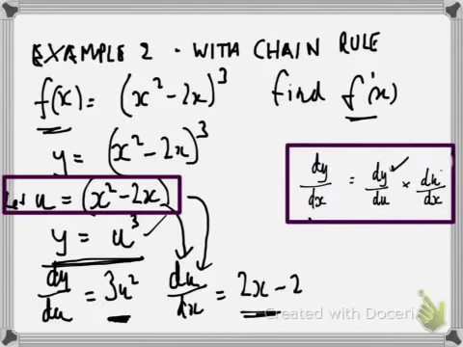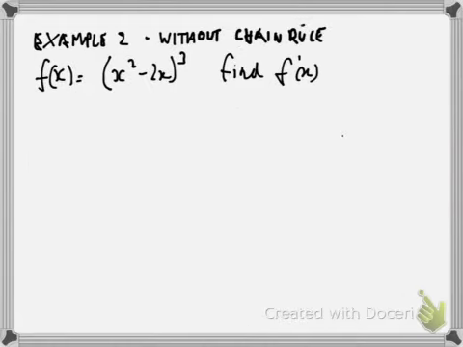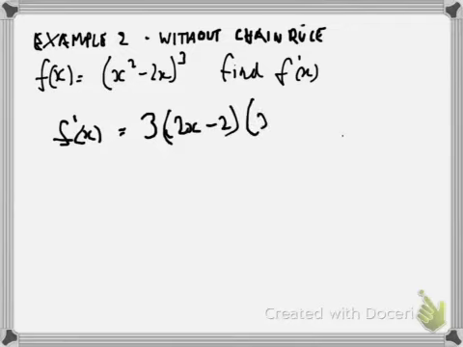Okay, that second example that we did, let's use my shortcut now to find the answer here. f dash x equals, bring the index out the front, 3, multiplied by the derivative of the bracket, which is 2x minus 2, multiplied by the bracket, reduced in power by 1, back from 3 to 2.